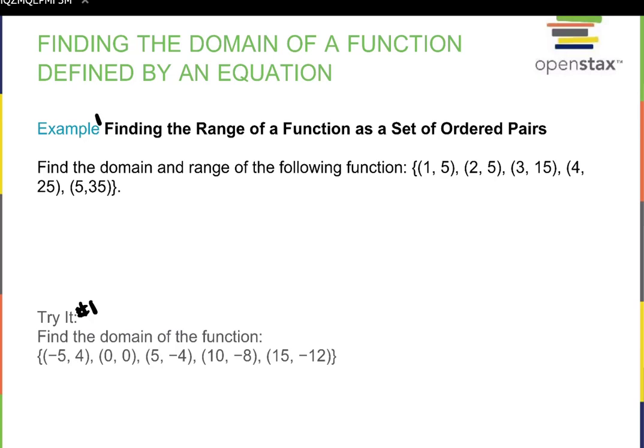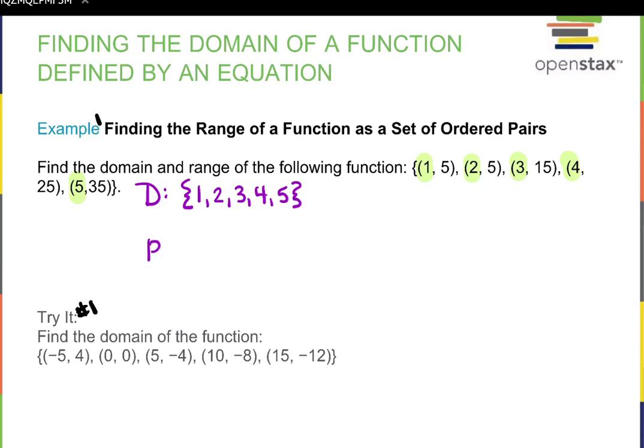So for this problem, the domain is the list of the x's, and the x's are 1, 2, 3, 4, and 5. So we're just going to list those just like that. 1, 2, 3, 4, and 5.